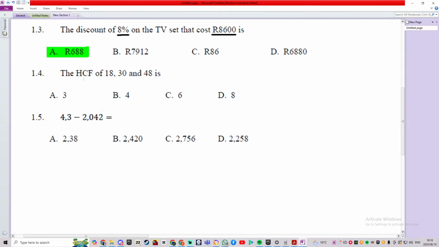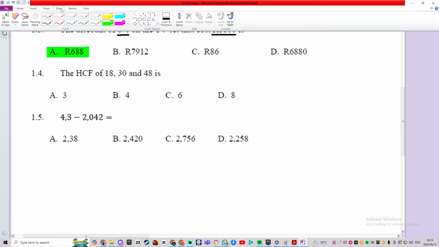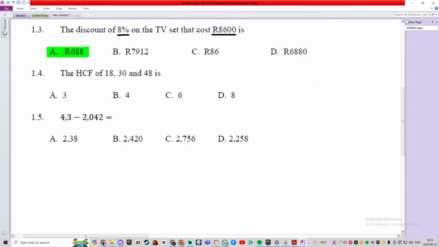Now, the highest common factor of 18, 30, and 48 is. Let's have a look at how we're going to do that. So the first issue is finding what to use here. 18. I'm going to do a factor tree on the side.